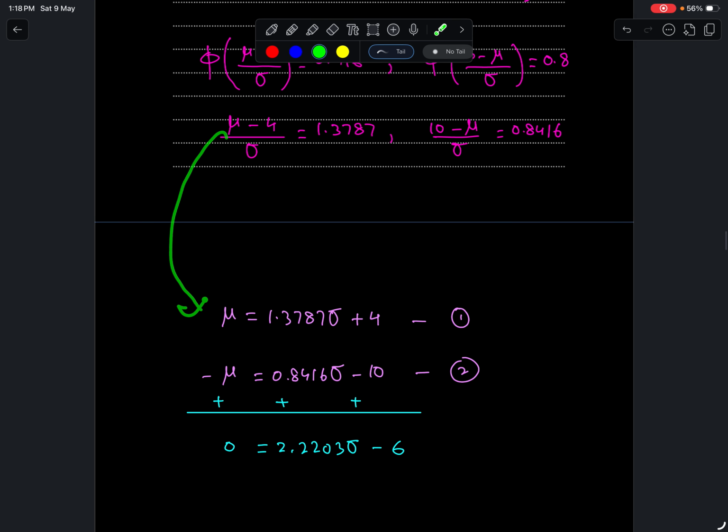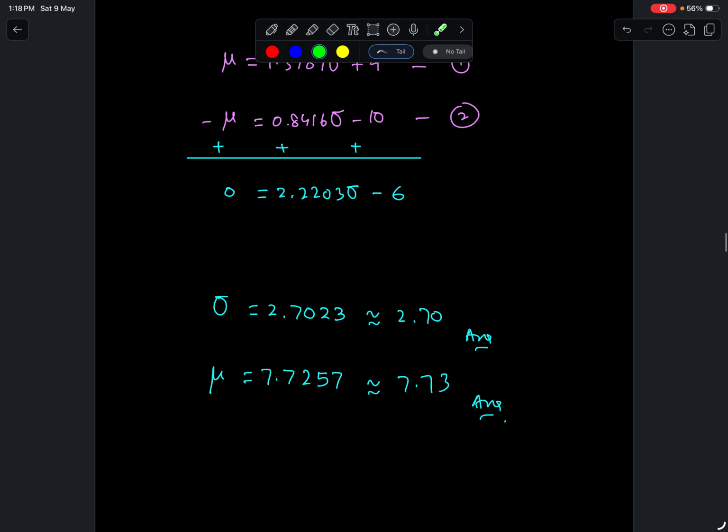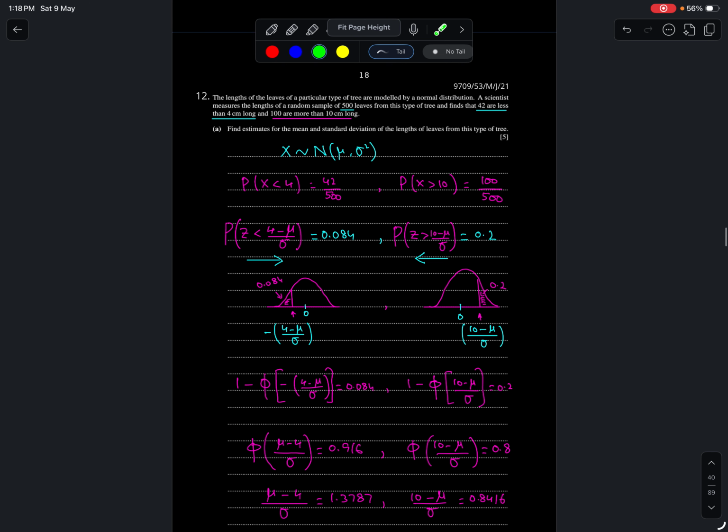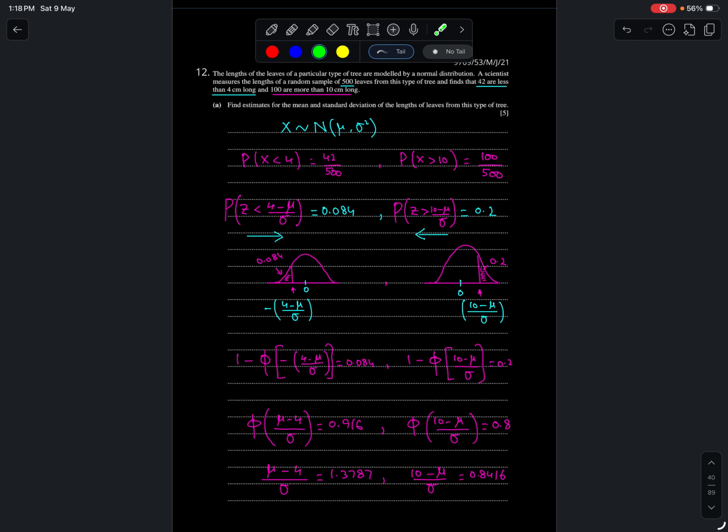From here we got this equation, from here we got this equation. Use elimination or substitution, it's optional. I usually use elimination and get the values of mu and sigma. Please check the solution again. This is one of the most important questions.